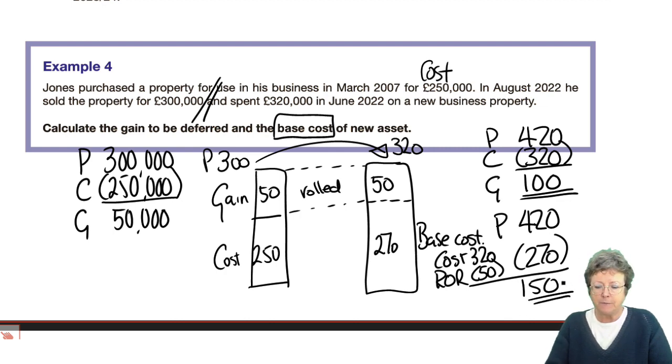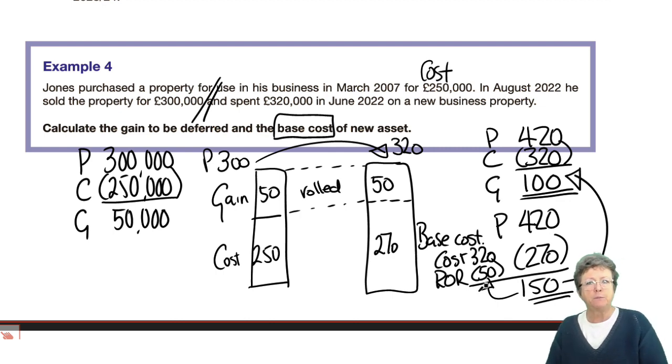That is the gain he actually made on this building, plus the gain he made on the previous building, which has now crystallized and become payable. So I'll show you the answer. I hope that explains that really well.